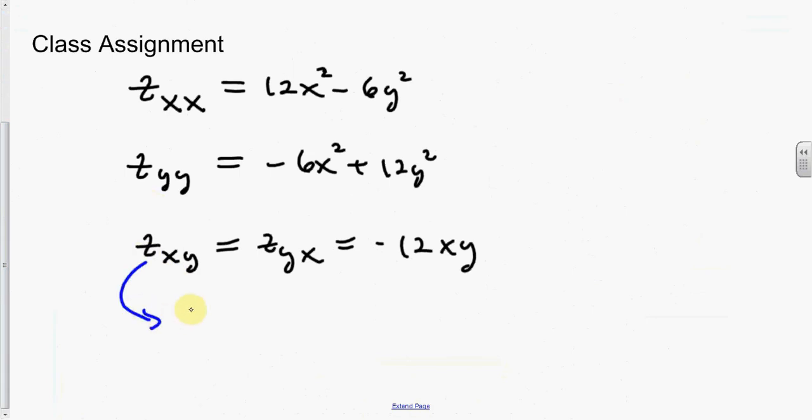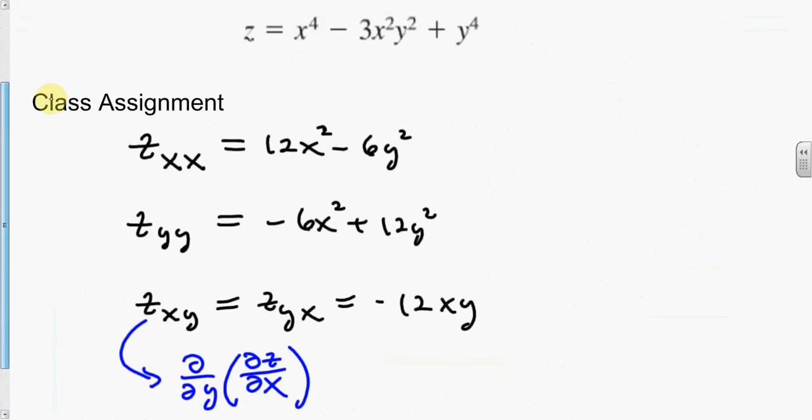This guy, remember, this comes off of, let me write it. This is the partial with respect to y of the partial of z with respect to x. You find what's in the parentheses first. So you find the partial of z with respect to x, and this gave you 4x to the third minus 6x y squared, right?